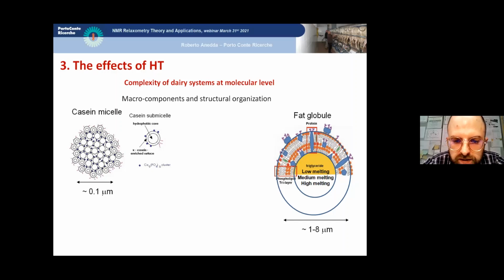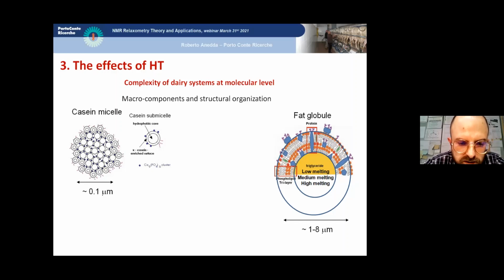Macro components like fat, water, caseins, whey proteins, lactose, and other components of milk are organized at different levels in milk into supramolecular structures. Proteins, fats, and minerals constitute casein micelles and fat globules, as it is schematically depicted in this slide.